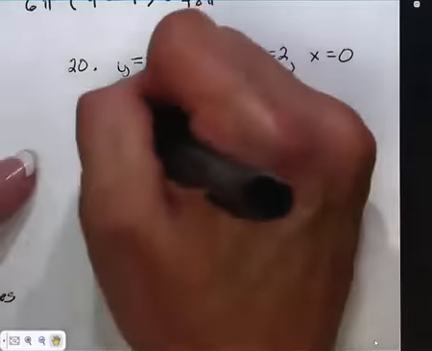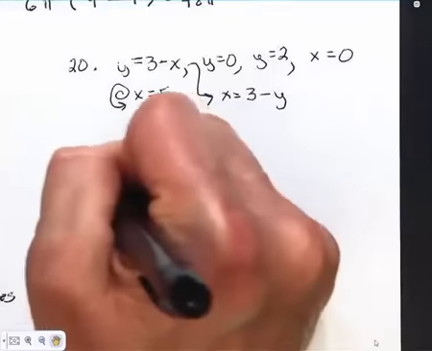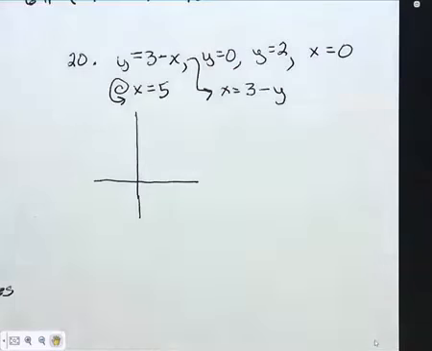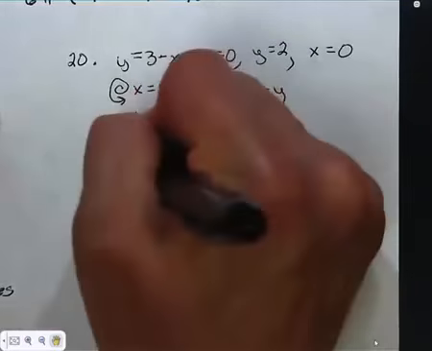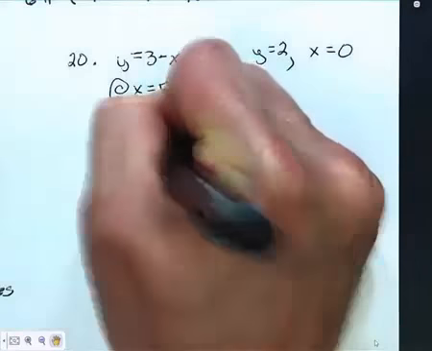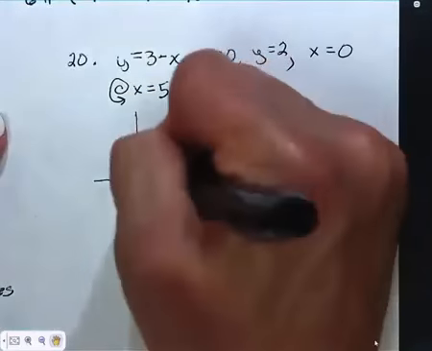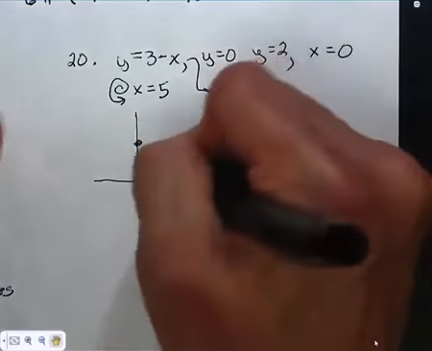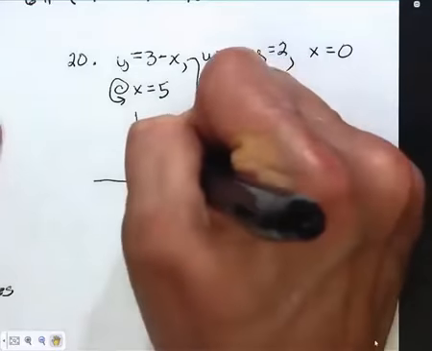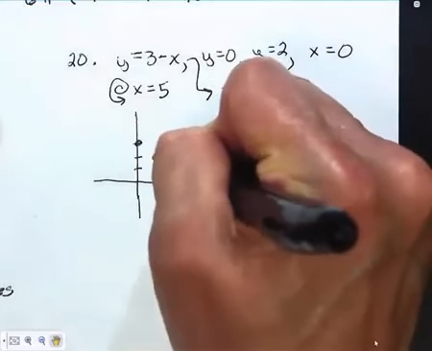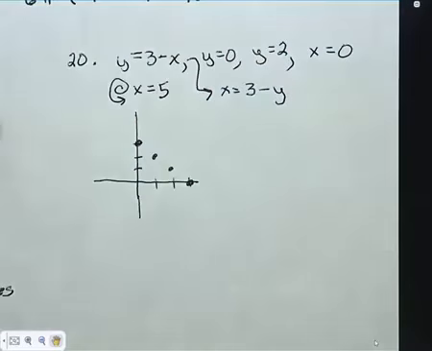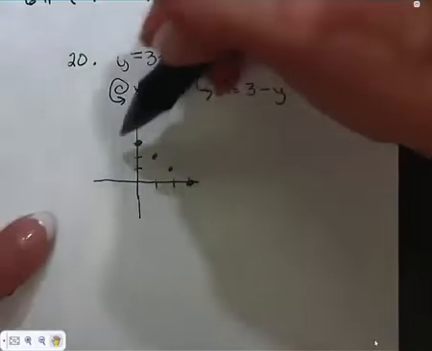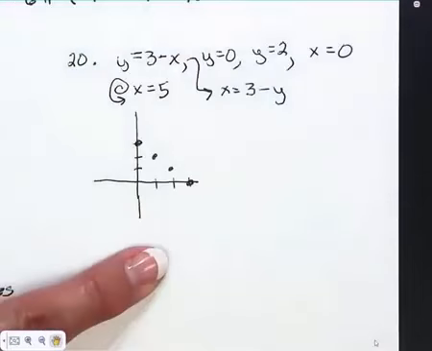All right, let's see the thing we're rotating. Y equals 3 minus x. When x is 0, y is 3. When x is 1, y is 2. When x is 2, y is 1. When x is 3, y is 0. I would go ahead and draw that line, but actually it's supposed to be capped where?